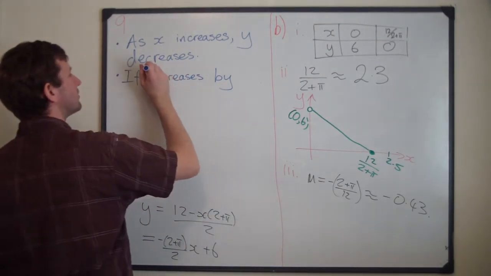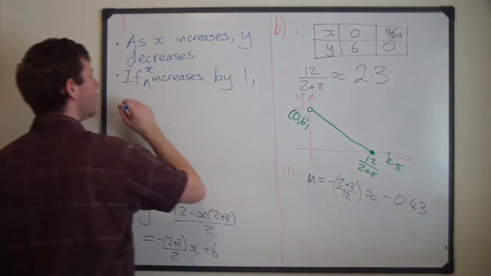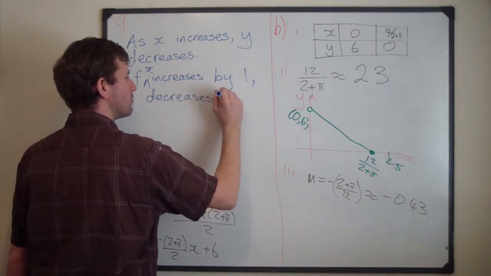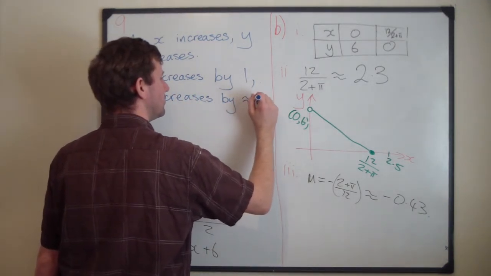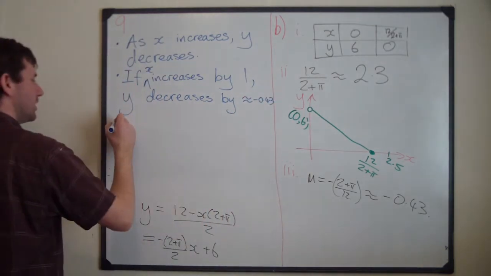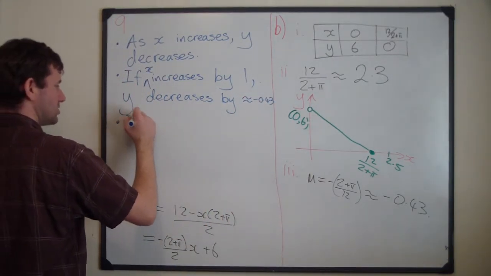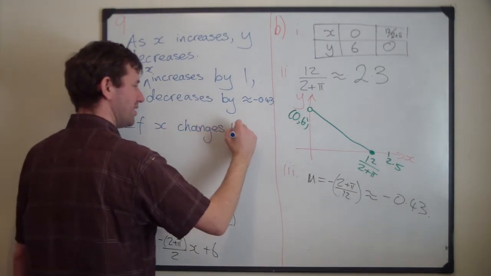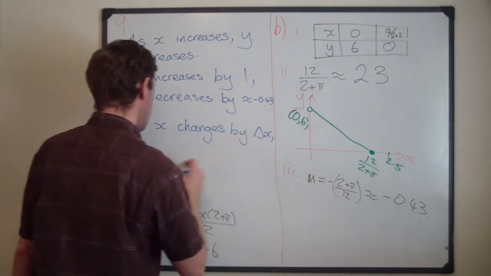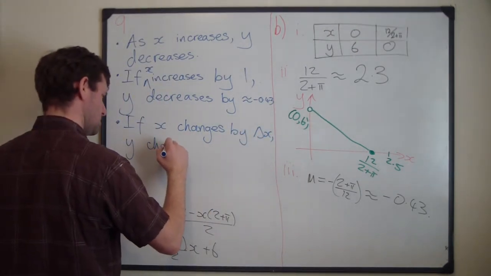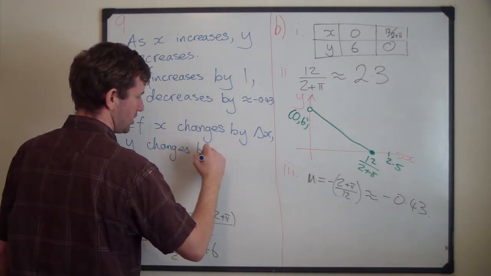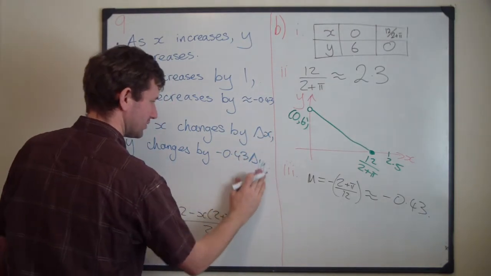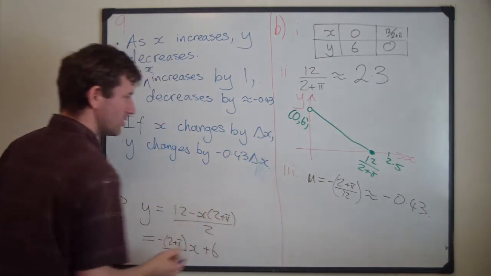If x increases by 1, y decreases by approximately 0.43, or we could say if x changes by delta x, y changes by minus 0.43 delta x, because it's the rate of change.